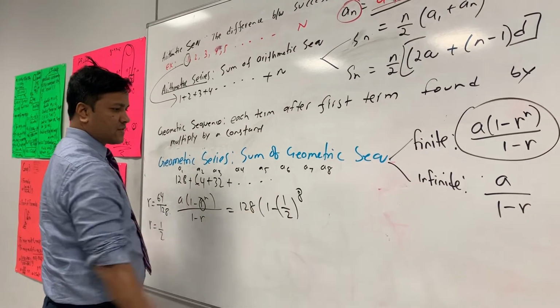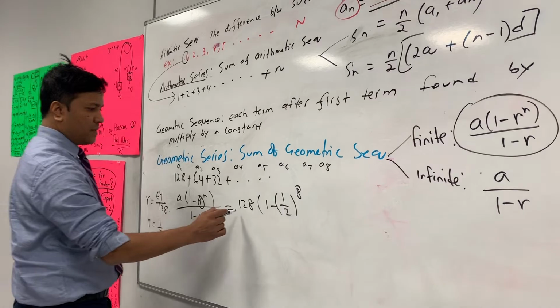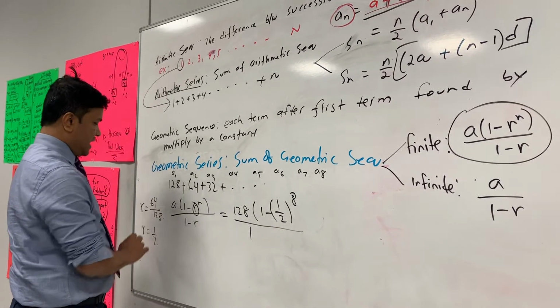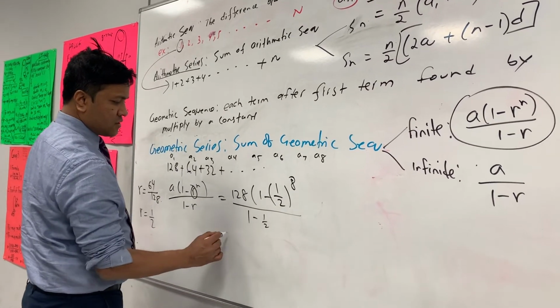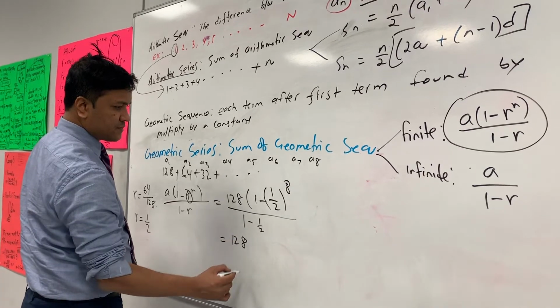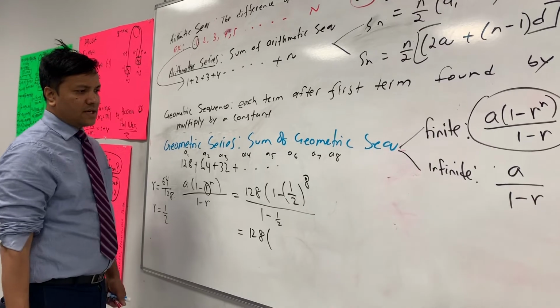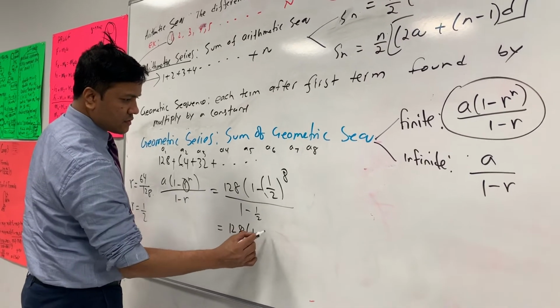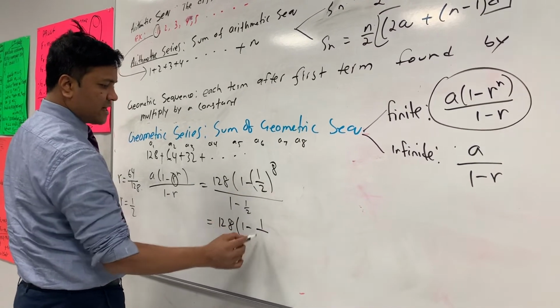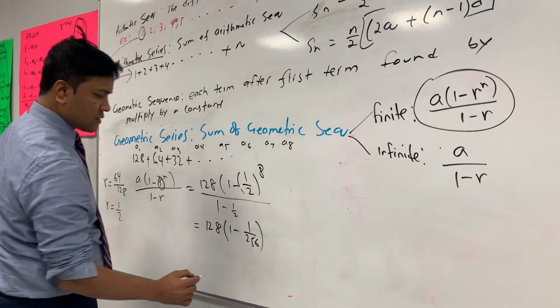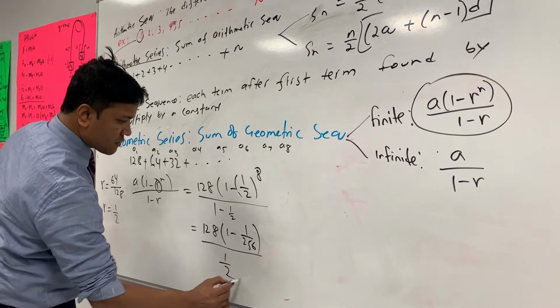We are using the finite formula, so it has to be finite. So 1 minus r, r is half. So 128 and 1 minus, 2 raised to 8 is 256, over half.